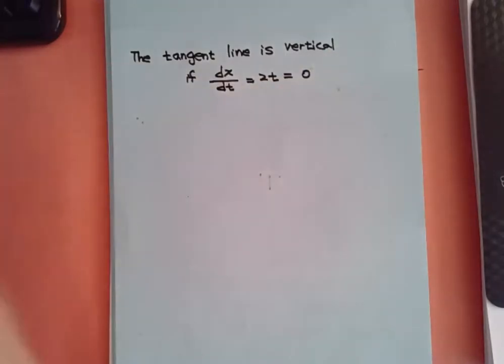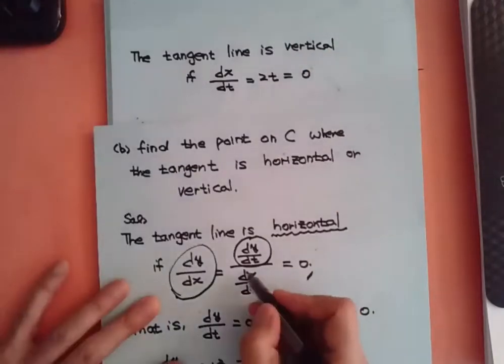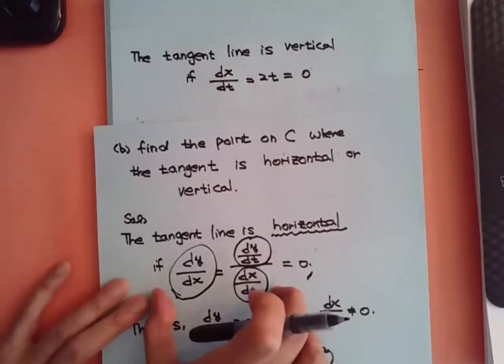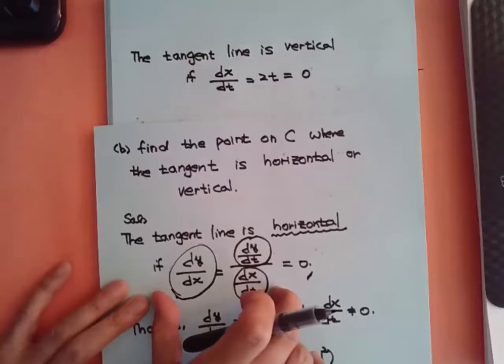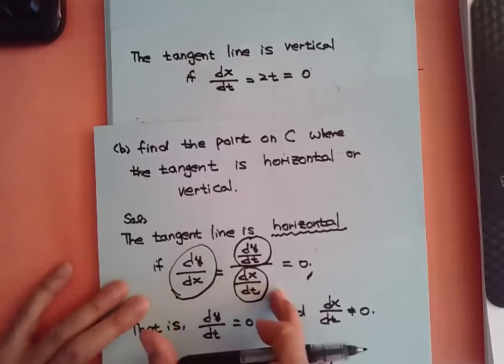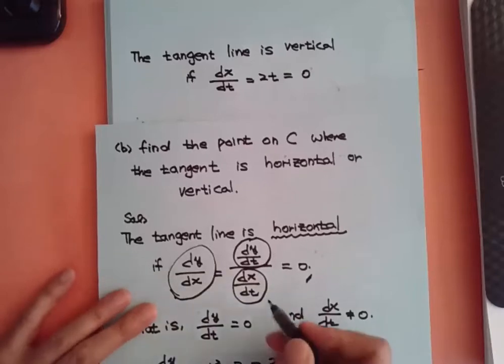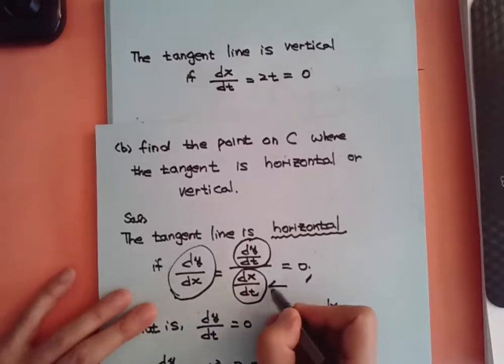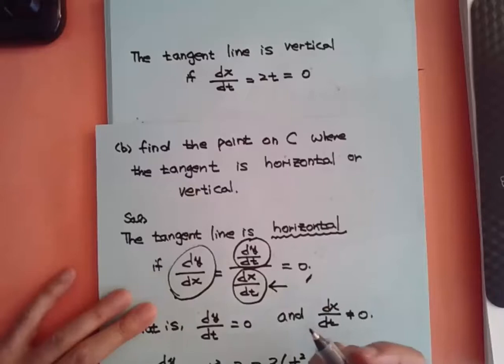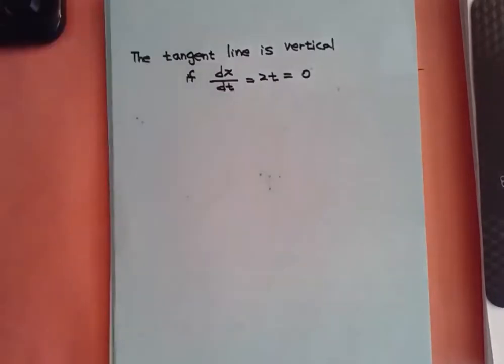Basically, what I'm saying is if the denominator is 0, then this dy over dx is undefined as a fraction. So we made the denominator of dy over dx 0. And then tangent line is undefined, and that is vertical.